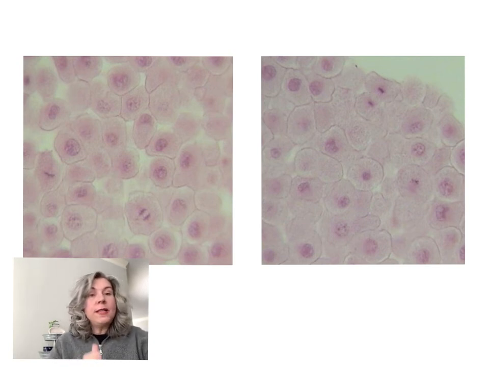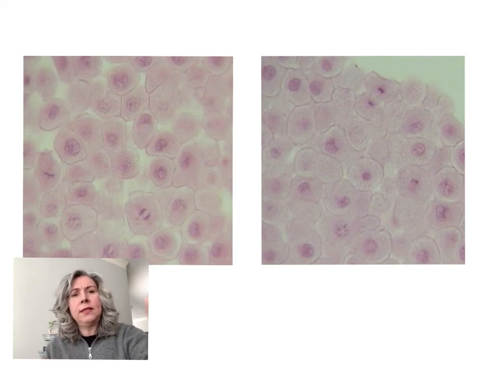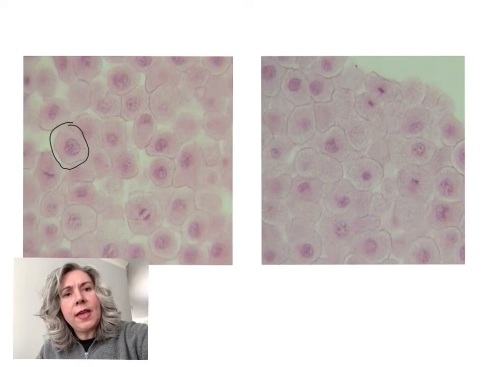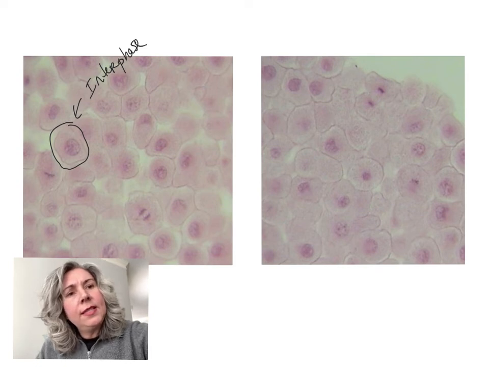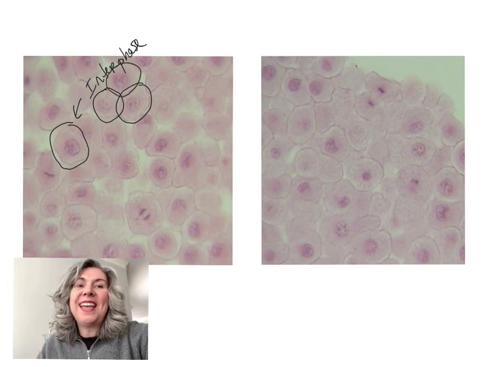First off, let's pick out some interphases. Interphase is so easy. It's just going to look like a cell with a nice round nucleus on the inside. This guy right here is a really good interphase. So this is interphase. Let's see, here's another good interphase, and another good interphase, and another good interphase.